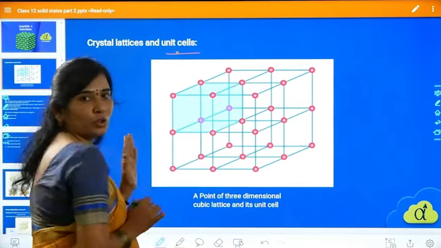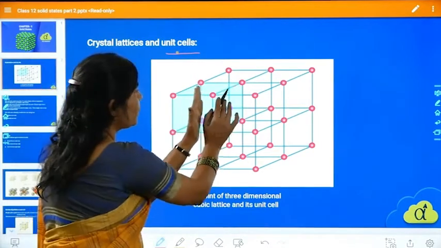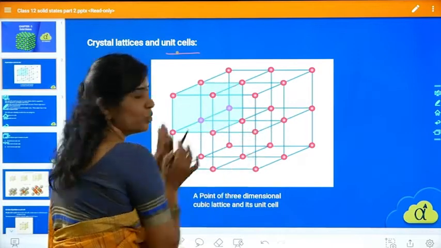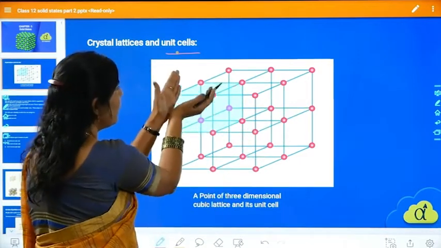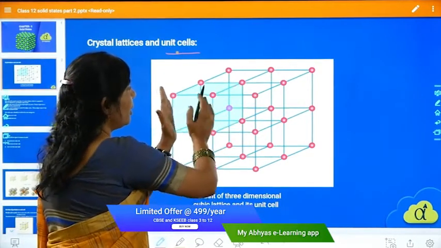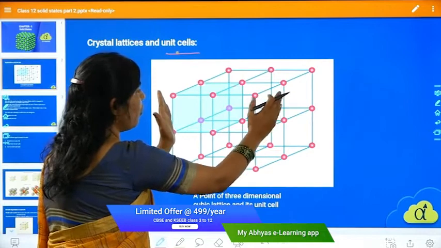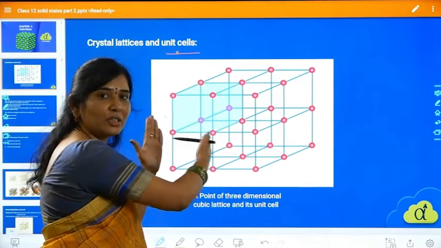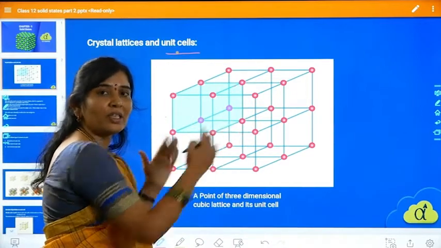This is one small cube. Now, if I extend this to the right side, I get one more small cube. Similarly, to the upper side, one more small cube. What is happening here? A large number of cubes are repeated. Thereby the crystal lattice keeps on extending.